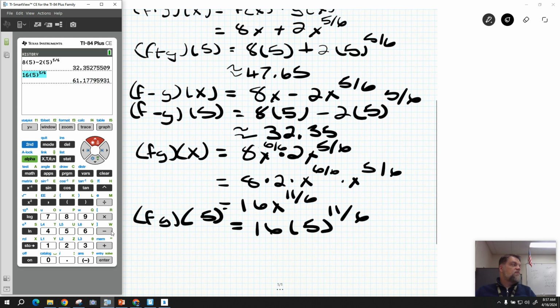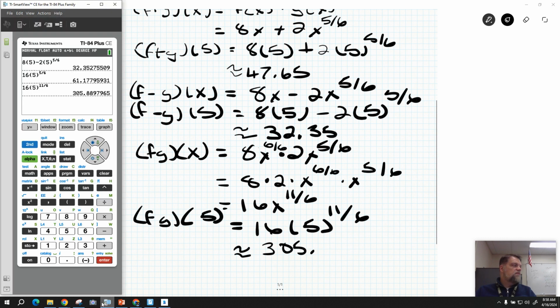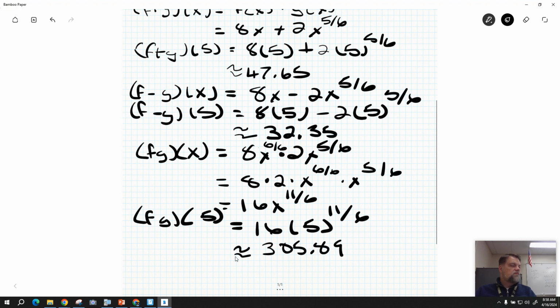That is the wrong answer because this is supposed to be 11 over 6. Good catch. So this should be 11 divided by 6. Alright, so now we go to the second decimal place, which is an 8. To the right of it is a 9. We round up. So this is approximately 305.89. Yeah. Okay.